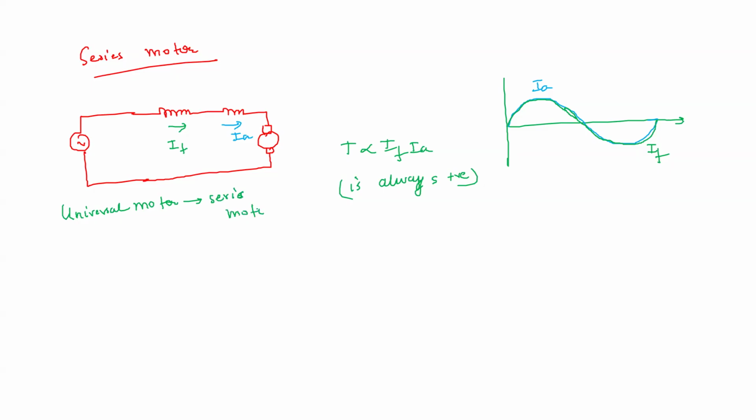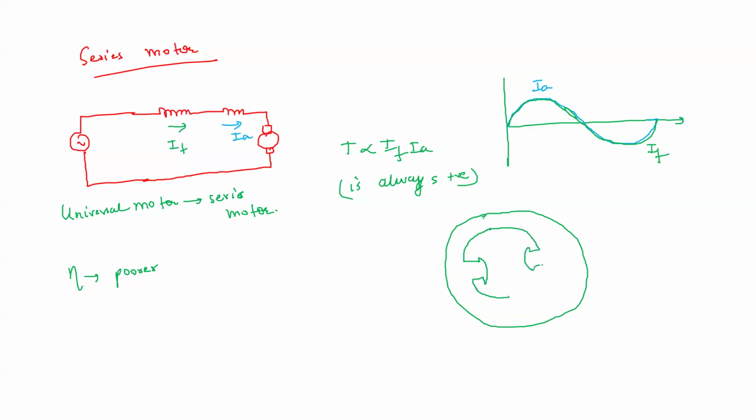But you will see that its efficiency is poorer compared to a normal DC machine. Why is that? Because if I draw this, let us suppose I'm drawing the poles.